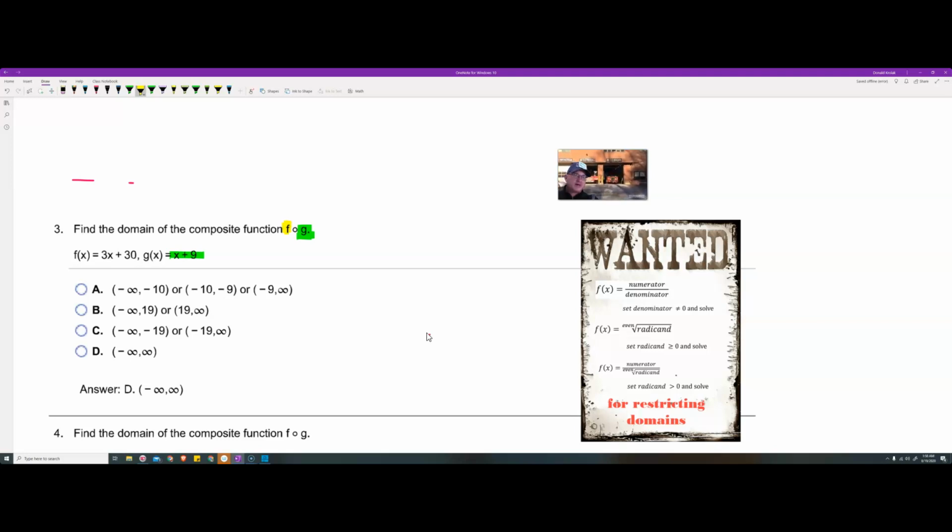So in f, wherever there's an x, I'm going to write x plus 9. So my composite function is going to be 3 times x plus 9 plus 30. So I get 3x plus 57. That's my composite function.